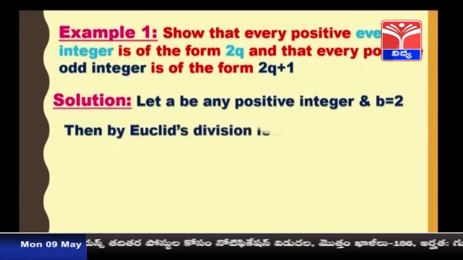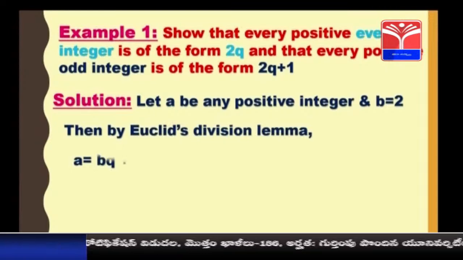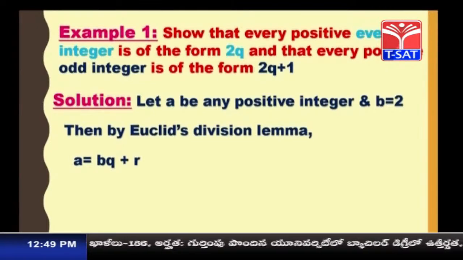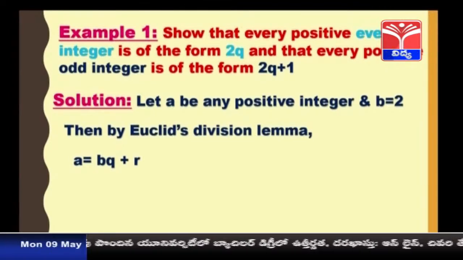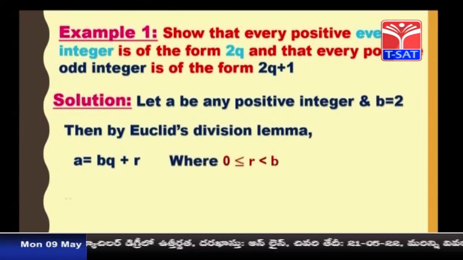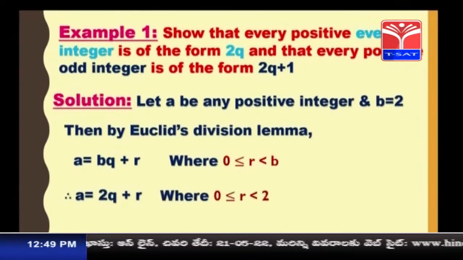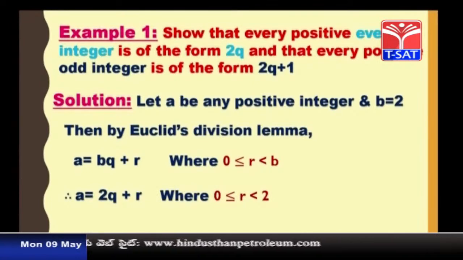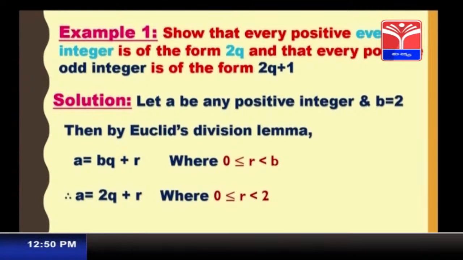Then by Euclid's division lemma I can write a is equal to bq plus r, where 0 is less than or equal to r less than b. Taking b equal to 2, I get a equal to 2q plus r, where 0 is less than or equal to r less than 2.